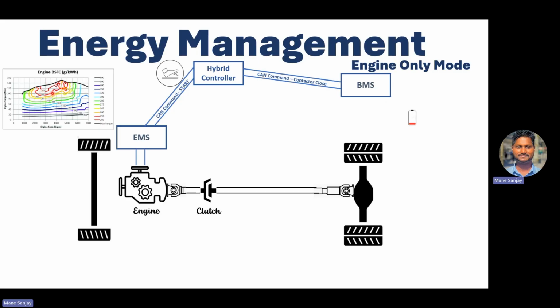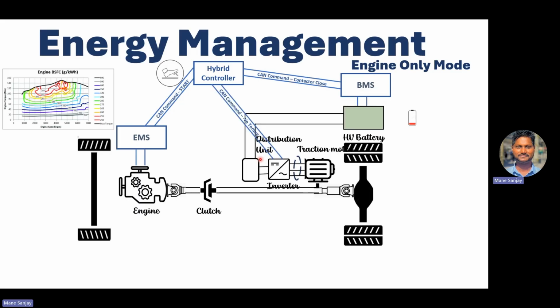To make that happen, what we do, we usually bring this BMS into the picture. So how do we bring the BMS? We close the contactor, already the contactors are closed, then it sends the command to this inverter to operate in the regenerative mode. To operate in regenerative mode, we need to send the command of negative torque.